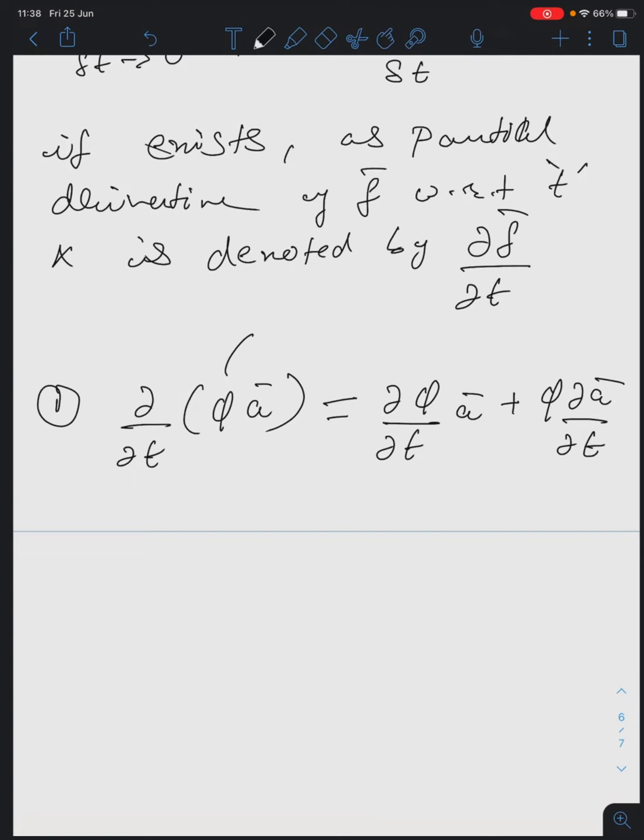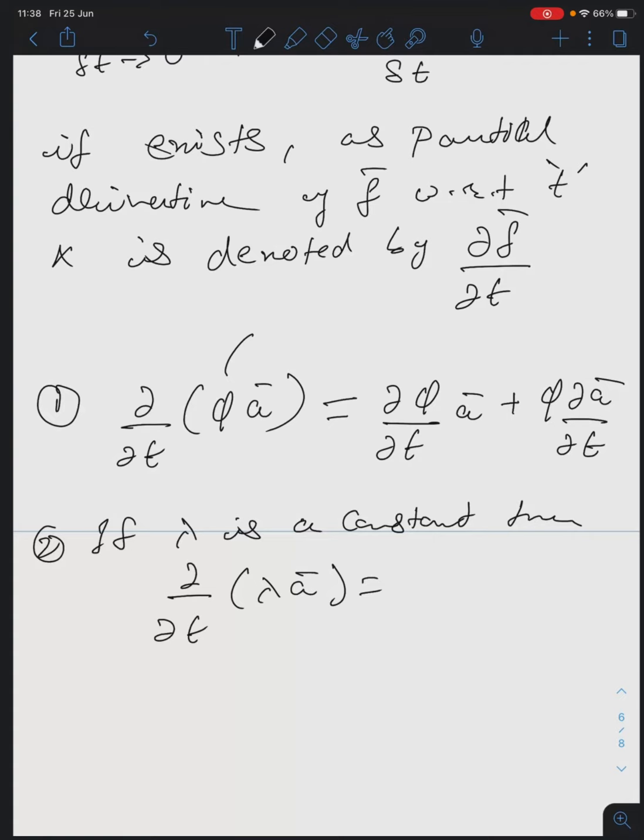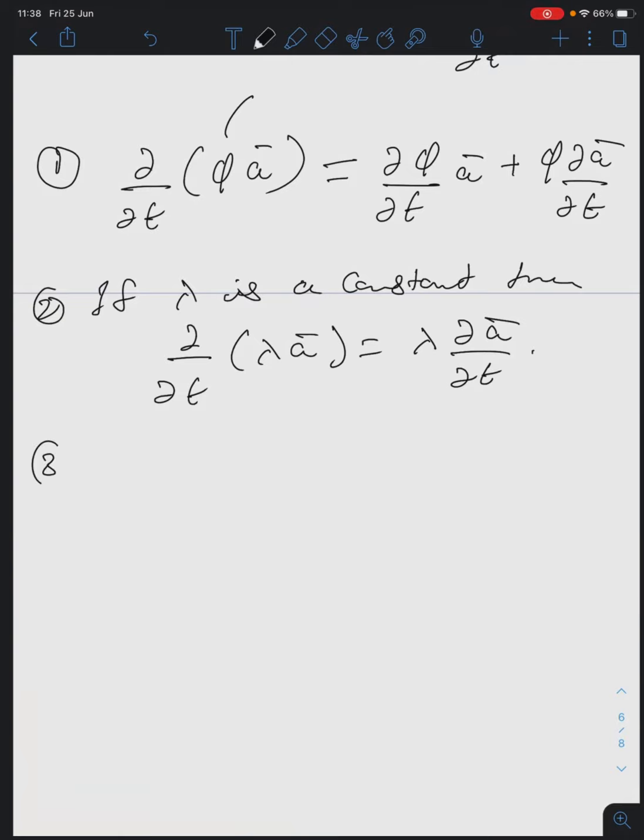Second point, suppose lambda is a constant. Then dou by dou t of lambda a bar will be equal to what? Lambda dou a bar by dou t, where lambda is a constant. So this property also you know.